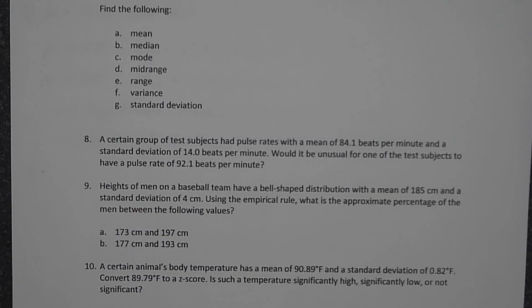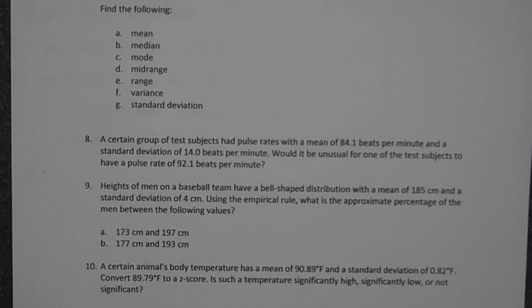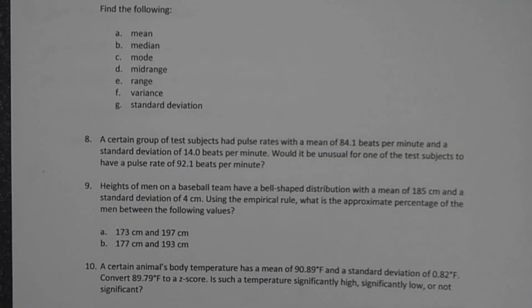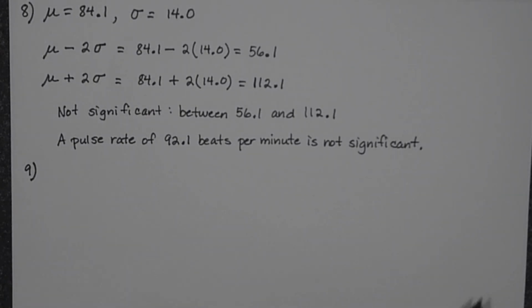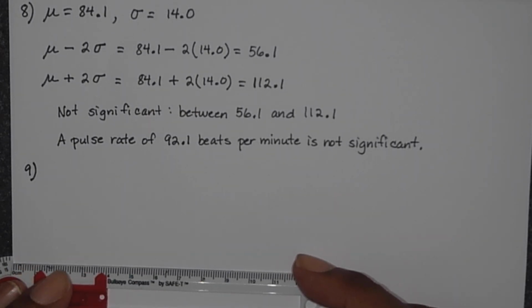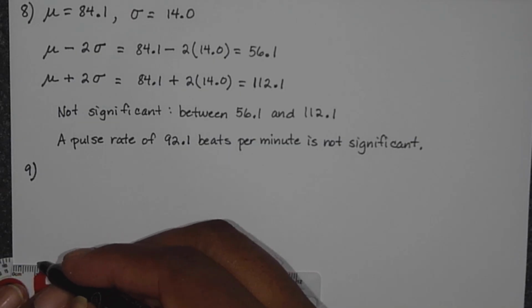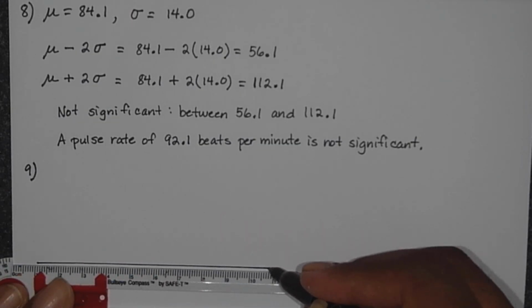Using the empirical rule, what is the approximate percentage of the men between the following values? Part A, 173 centimeters to 197 centimeters, and part B, 177 centimeters and 193 centimeters. All right, it would be best to draw the normal curve to see what's going on.